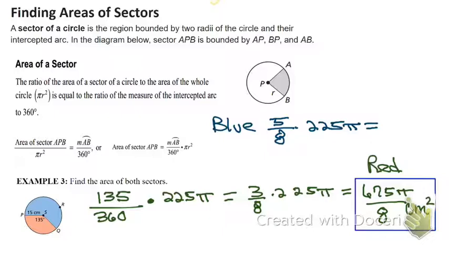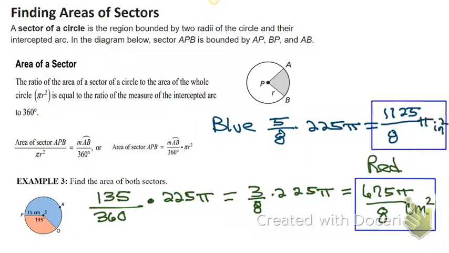The area of the circle doesn't change. We still have 225 pi, 15 times 15 pi, and we can end up reducing this to 1,125 divided by 8 pi, and we want to have centimeters squared again.